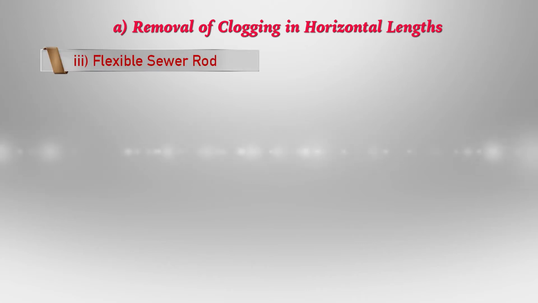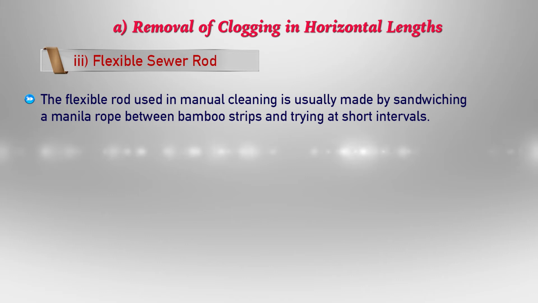Then another tool which we can use is the flexible sewer rod. The flexible rod used in manual cleaning is usually made by sandwiching a manila rope between bamboo strips and tying at short intervals.